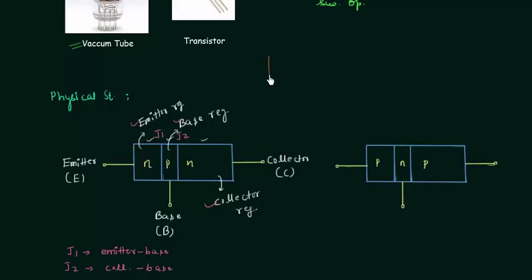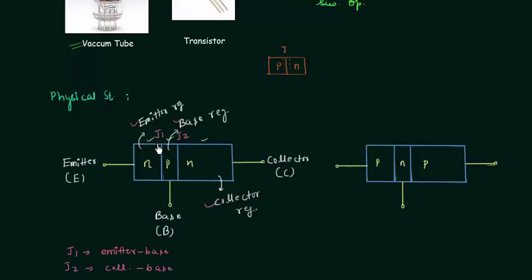If you remember the presentations on PN junction diode, we had 2 regions, PN, and because of this there was only 1 junction. Here we have 2 junctions, J1 and J2, because there are 3 regions. In case of PN junction diode, there was depletion layer across the junction.